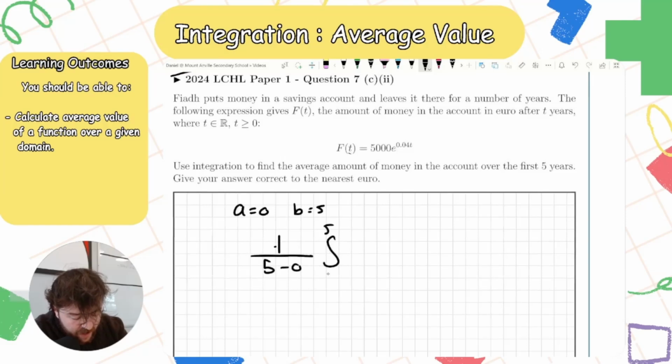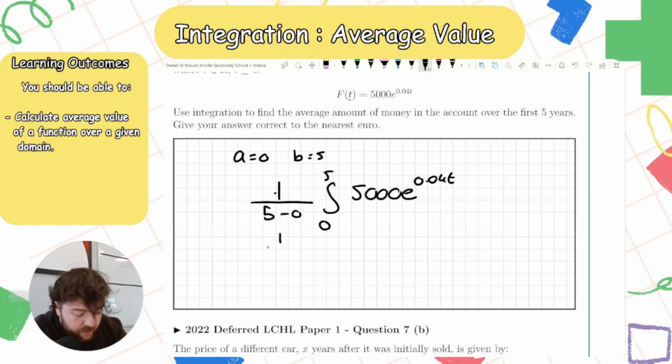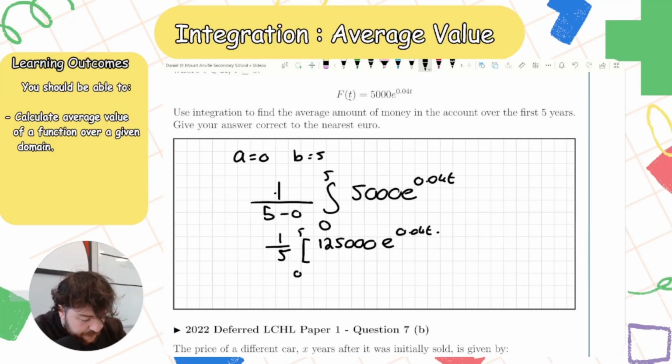The integral between 5 and 0 of 5,000 e to the power of 0.04t. So it'll be 1/5 times the integral of this: 5,000 divided by 0.04 is 125,000 e to the power of 0.04t. Shove that in there now.